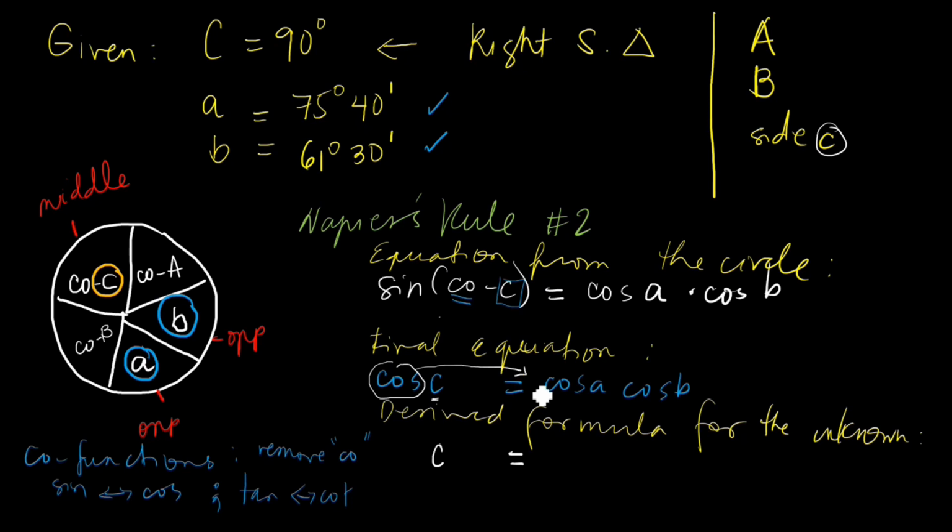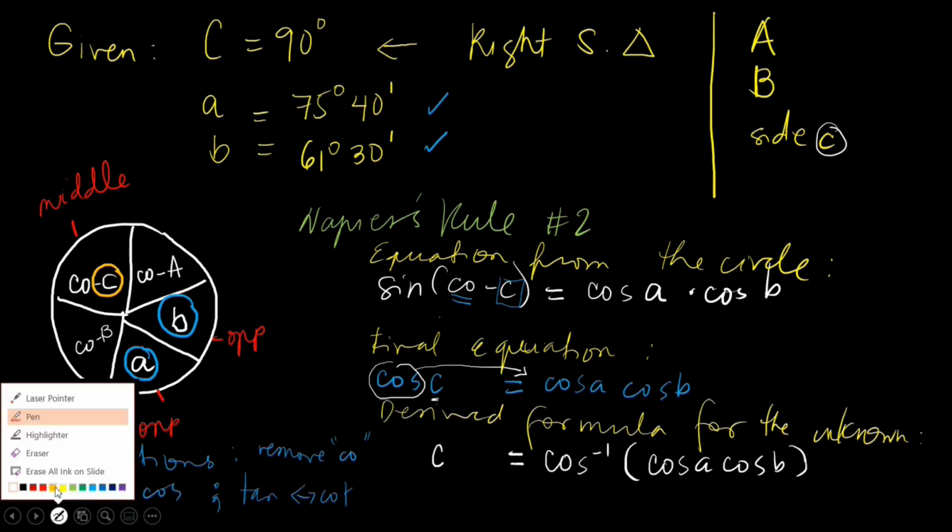In moving cosine to the other side, it will become inverse of cosine or arc cosine. And then you just copy the right side. That's it. And then next, we can already substitute.